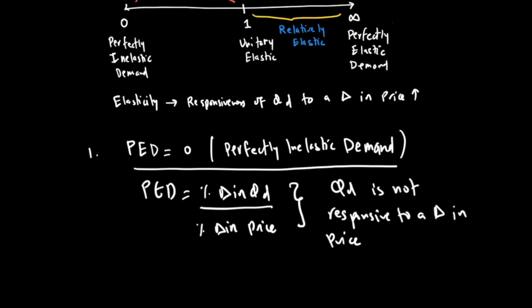What could possibly be the reason for this, and what kind of product will have such kind of a demand where even though on changing price, consumers are not at all responding to a change in price? There is no change in quantity demanded.